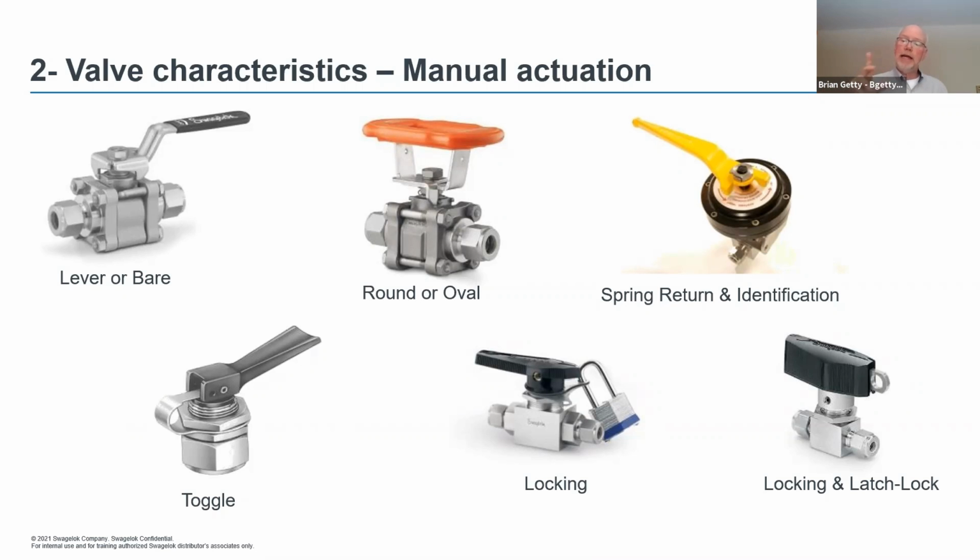As soon as you let go of it, this little section right here will pop back out. So you can lock this valve either in an open position or in a closed position, but you cannot just turn the valve. You actually have to press that little lever in. So it makes it a very safe application. If it's in an area where it's prone to getting hit or activated by accident, you want to eliminate as many potential errors as possible, and that's what a latch lock system will give you.